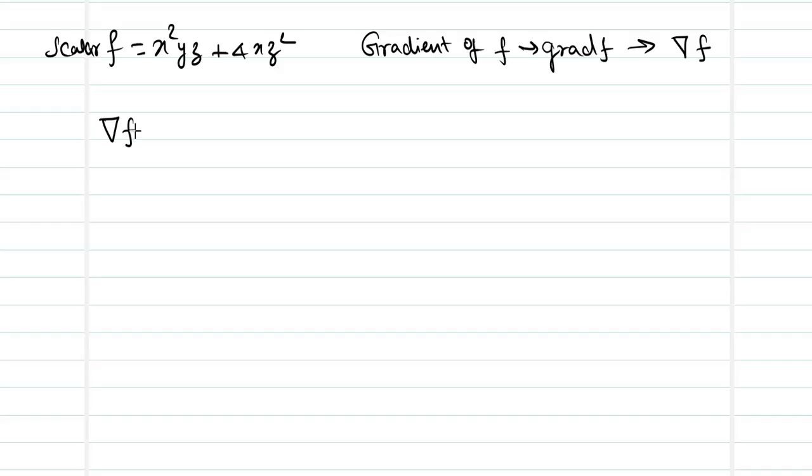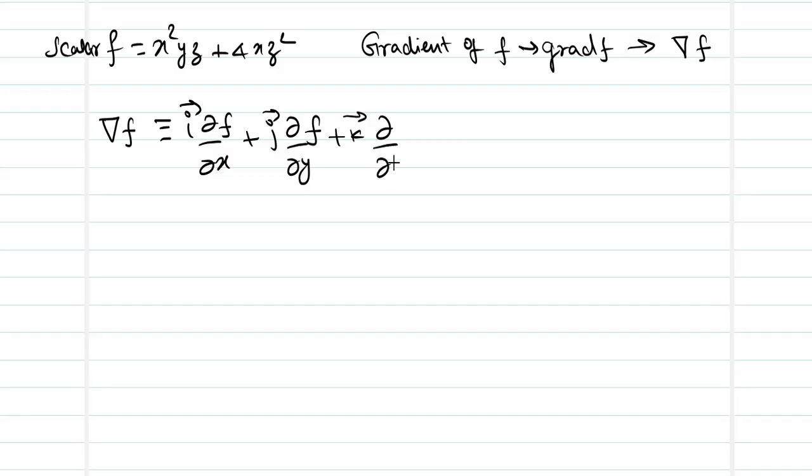Del operates on f. Del, I know, is i dou by dou x. Now this f is an input, so it will become dou f by dou x. j dou by dou y. Now this f becomes input, so it becomes dou f by dou y. k dou by dou z. Now this f becomes an input, so it becomes dou f by dou z. So once the input is taken, the identity will now change to an equal sign, so now you have equal to as your operator.